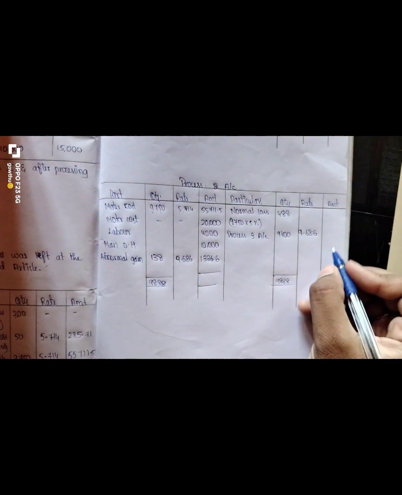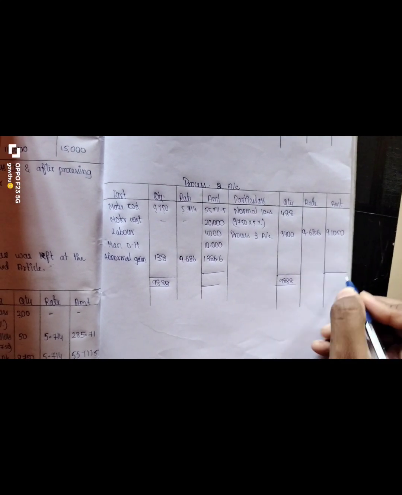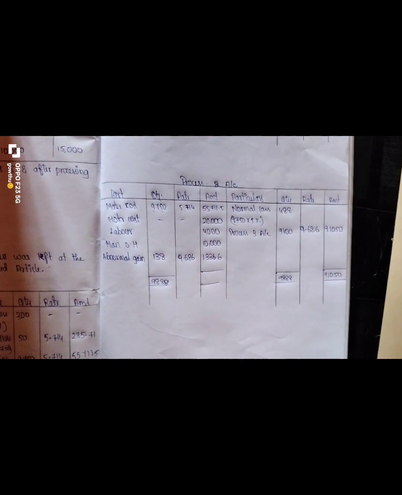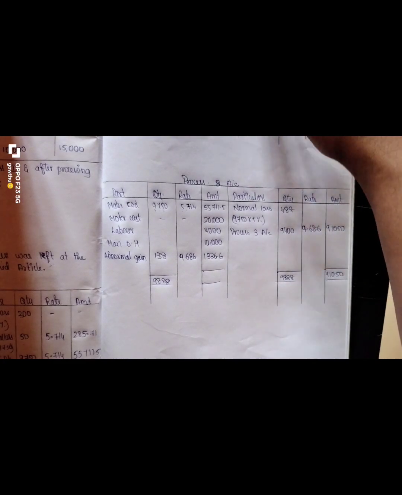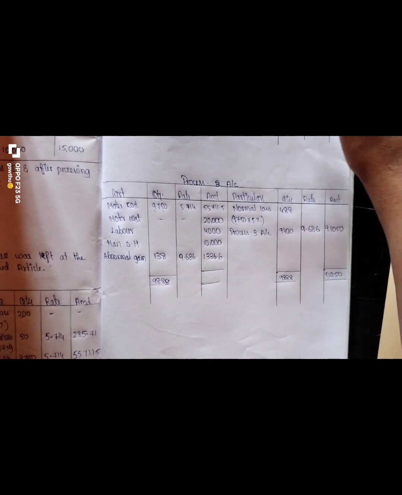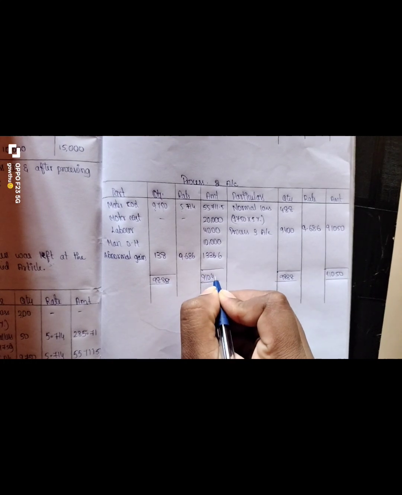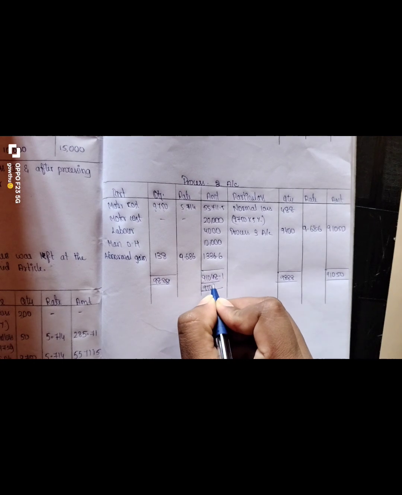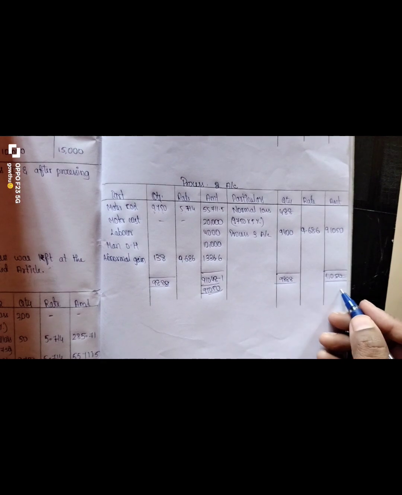We will get 91,050. So we will write here. Here if we add, we have to get the same value, then our sum is correct. We are getting 91,048.1. We can round off it to 91,050. Now this and this is same, right? So our answer is correct.